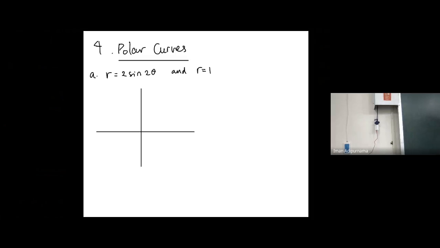Okay, it's sine and it has 2 theta, so it's even, right? In even, this form is the rose, the flower. It has 2 multiplied by 2, 4 petals. Okay? And in sine, because it has 4, it should be like this.